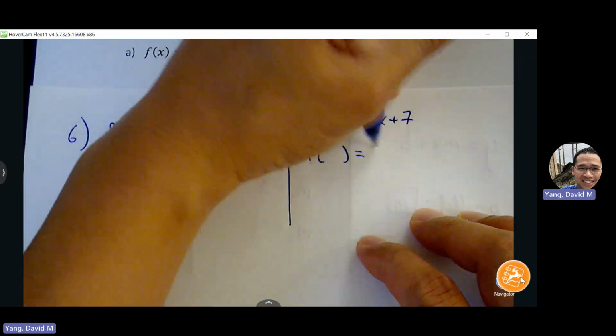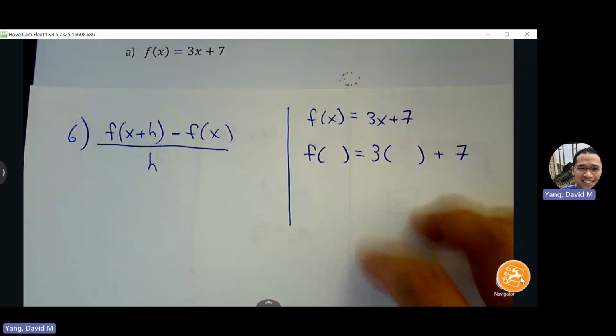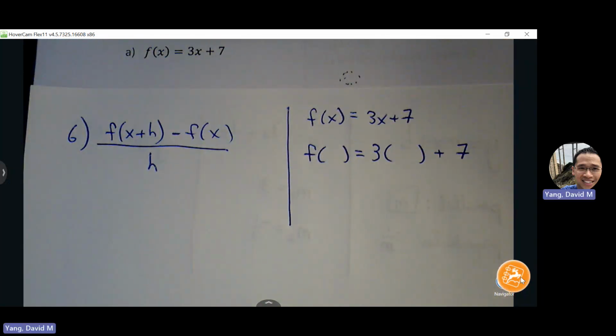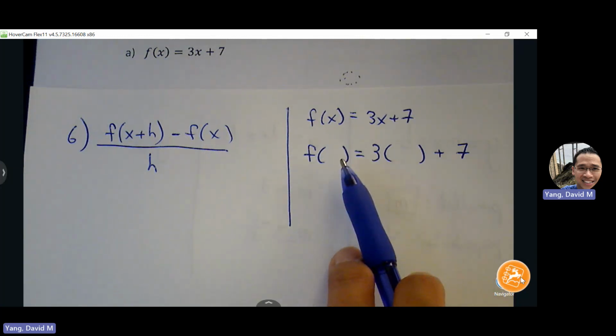Rewrite your equation with the x removed and save a reserved space for a new argument. Okay, so you substitute the x plus h into where the x previously was. That's right.